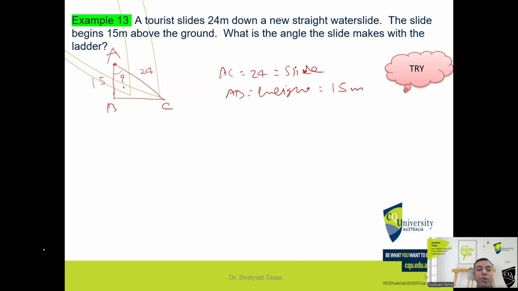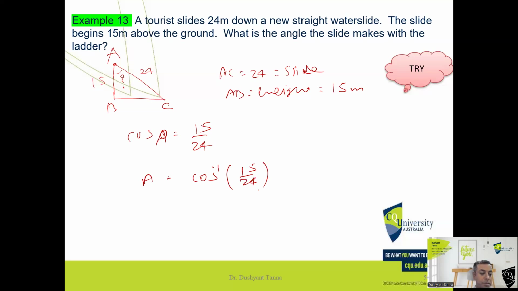Ask yourself, what do we know? We know the adjacent, we know the hypotenuse, right? So again, cos A is equal to 15 over 24. A is equal to cos inverse 15 over 24.